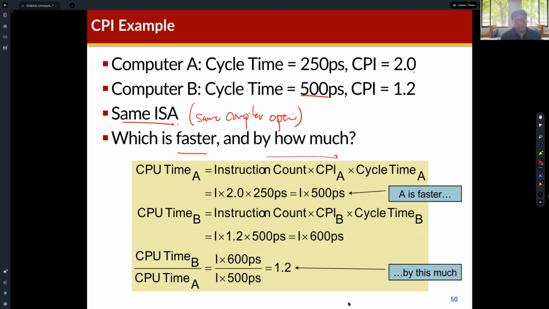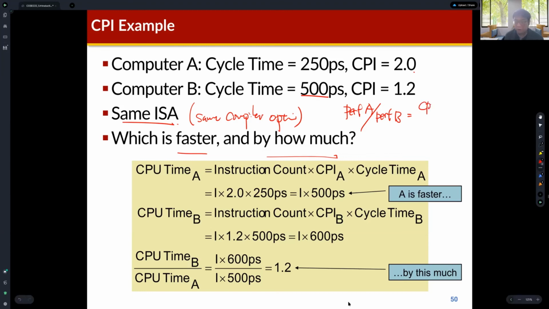So you are requested to compare the performance of two different computer systems. How can you compare the performance? Perf A divided by perf B, which is based on execution time. We just measure the CPU time.